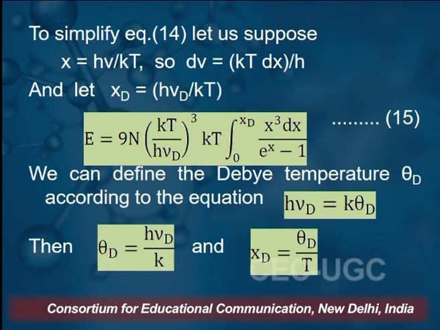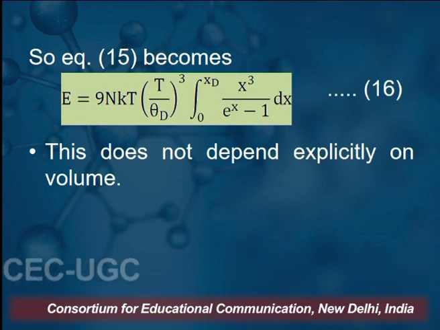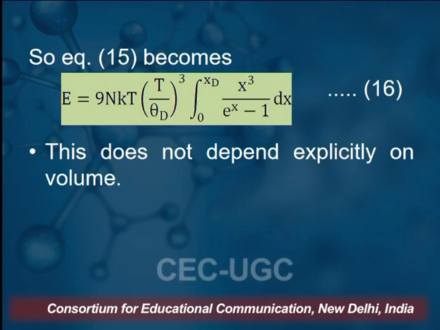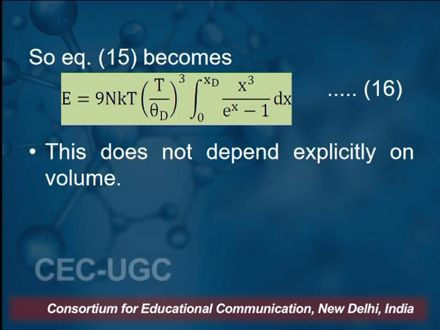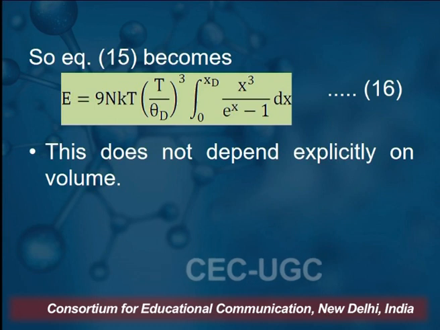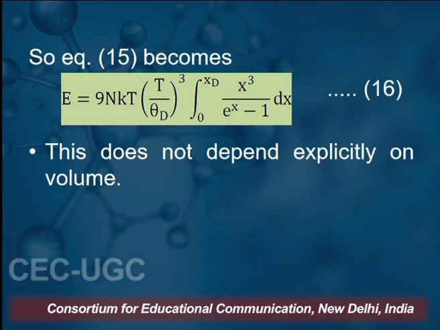So, theta d becomes equal to h nu d by k, or x d will become equal to theta d by T. So, this equation number 15 takes the form E equals 9nkT (T by theta d) whole cube, integral from 0 to x d of x cube upon e to the power x minus 1 dx. So, this shows that the energy of the total system does not depend explicitly on the volume.